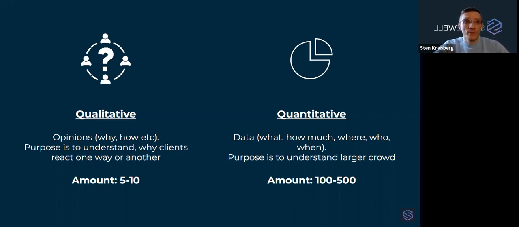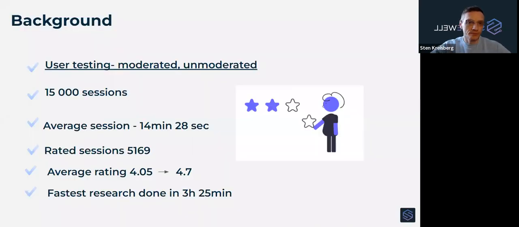In qualitative research, you can also get answers about what to make better or how to make it better. This is what Sharewell is concentrating on. To sum up the difference: one is a small group and more about emotions. The other is a larger group and about understanding usual behaviors.